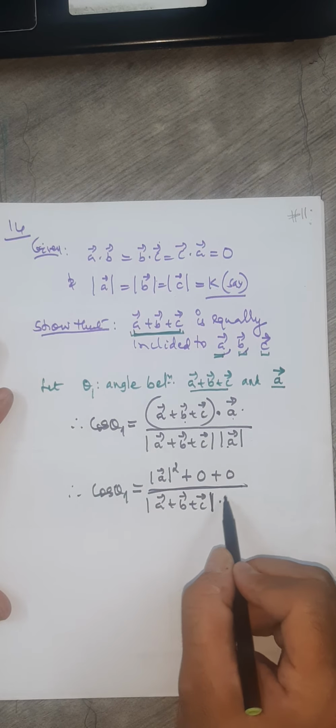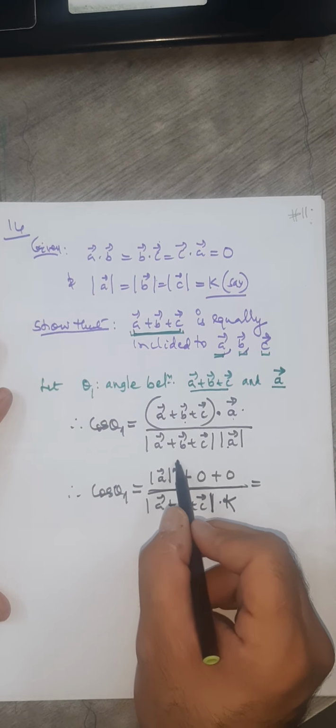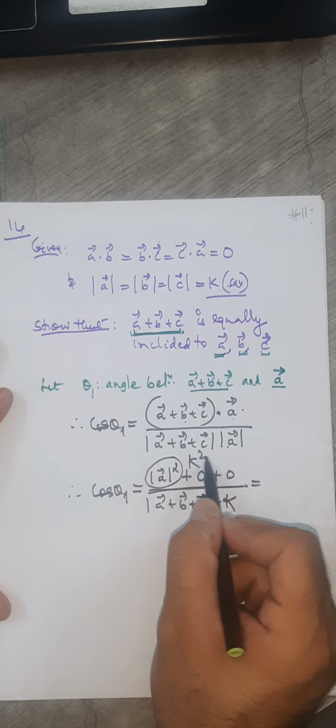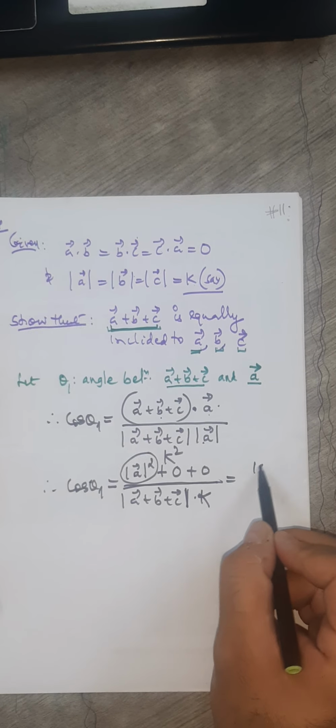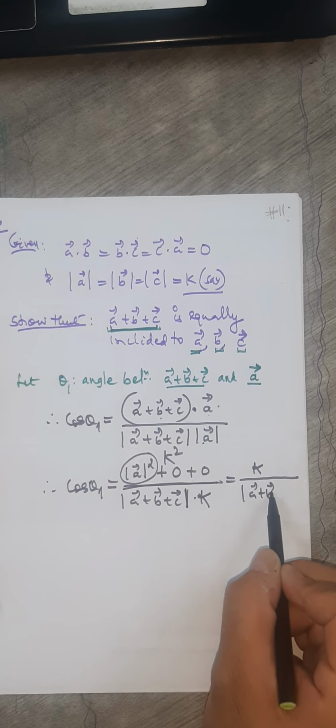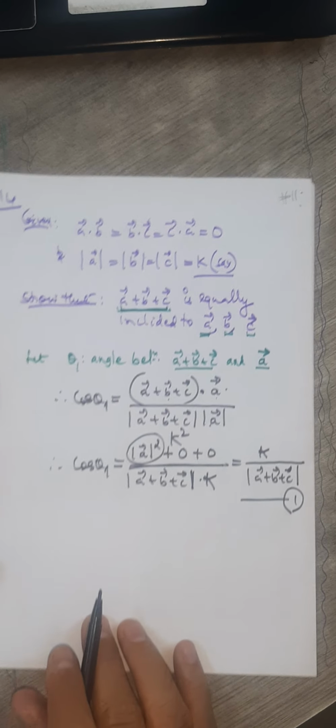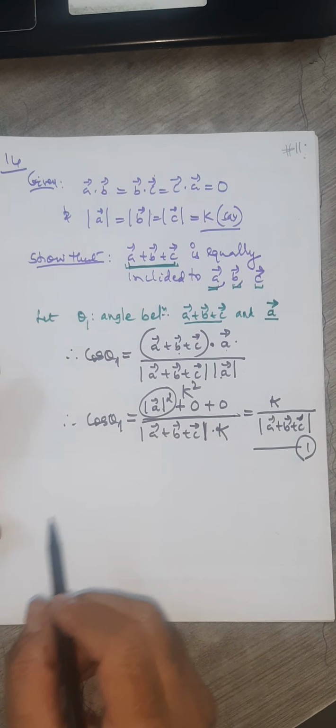We have called that as K. This is K squared. So 1 K will get cancelled. So we'll get just K upon the magnitude of the vector with their addition. This is called 1. I hope this is just a formula.